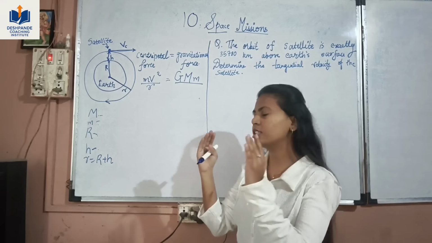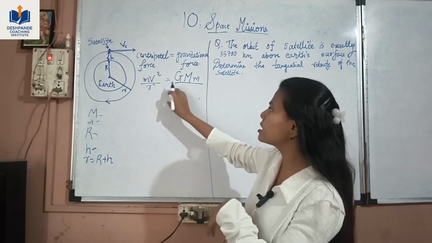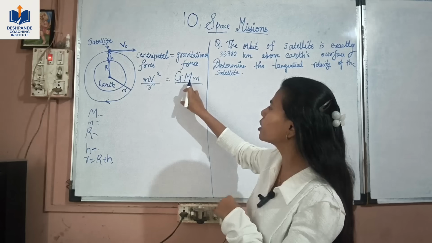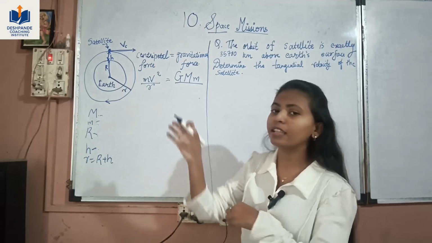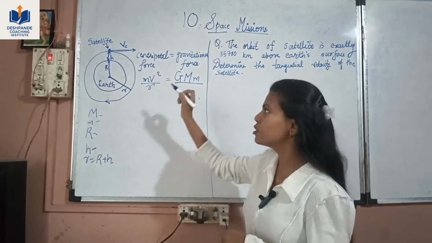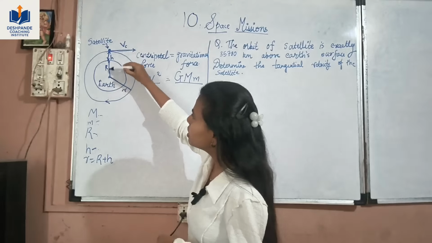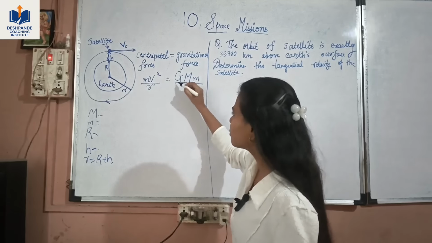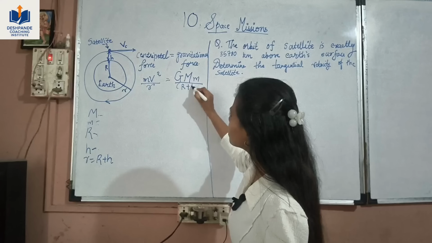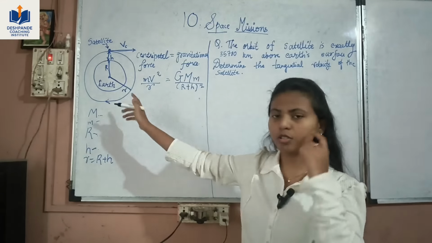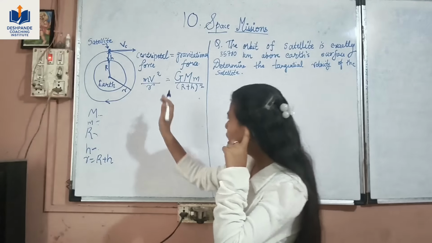So in the gravitational chapter we have studied that the force is directly proportional to the product of their masses divided by the distance between them squared. So distance between the center of the earth and center of the satellite is the same, R plus h. So (R plus h) square. Okay, understood? So these two are equal.